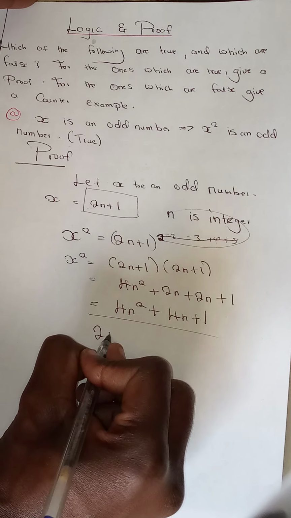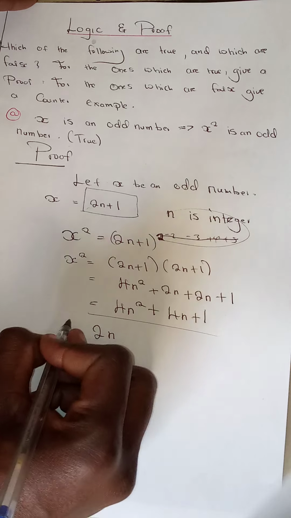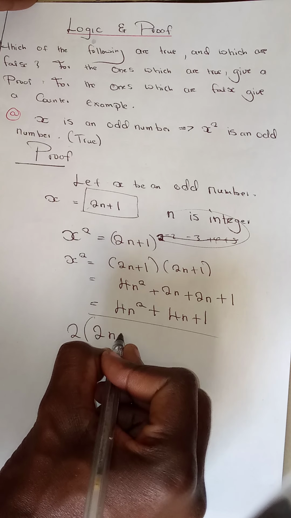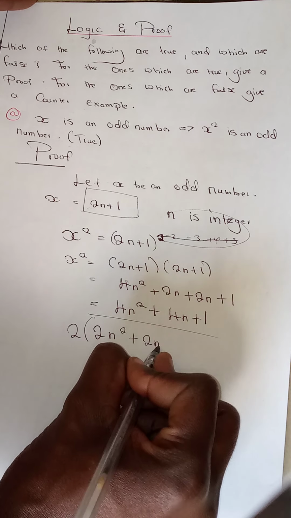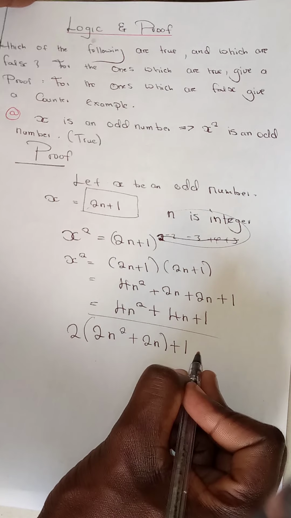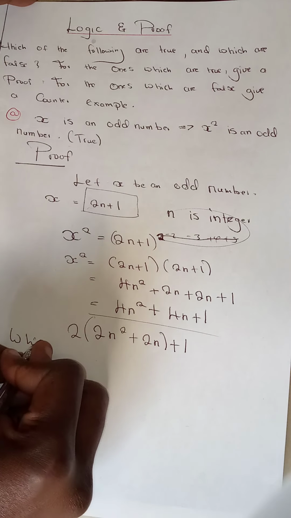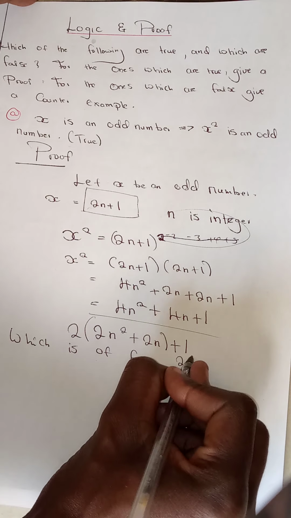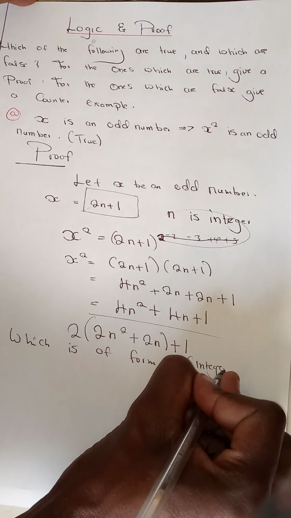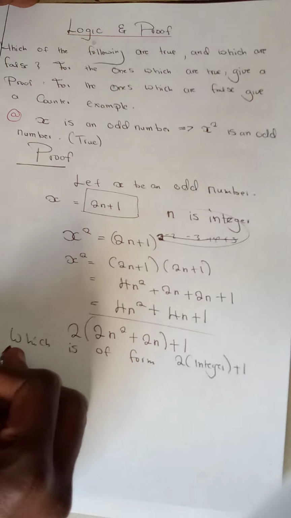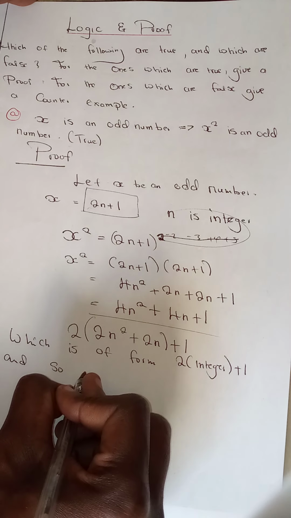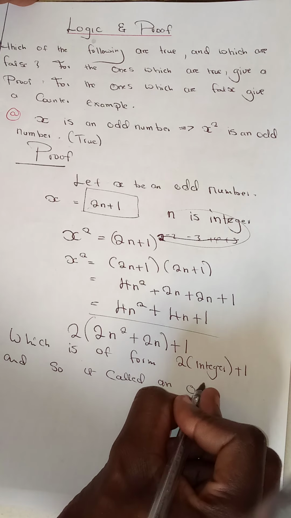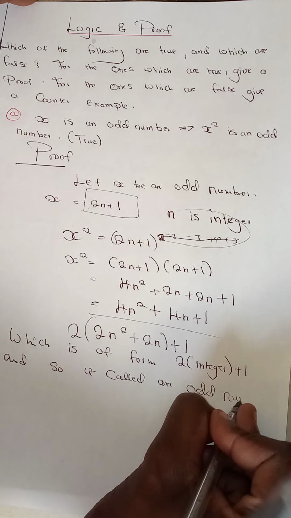It will be 2 times (2n squared plus 2n) plus 1, which is of the form 2 times an integer plus 1, and so it is called an odd number.